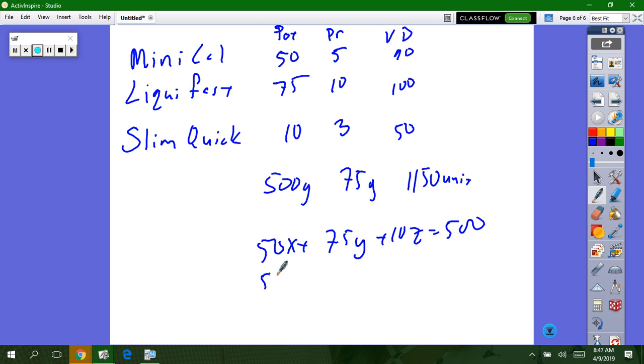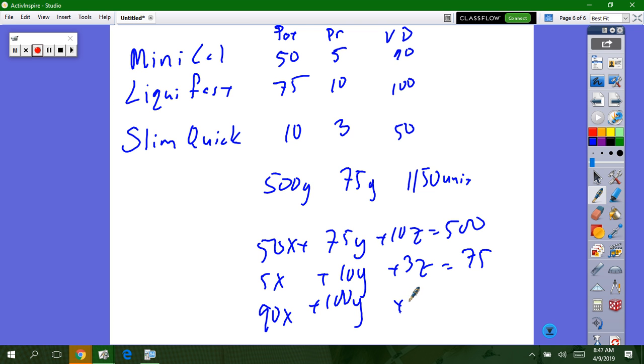Then I'd have 5x plus 10y plus 3z equals 75. 90x plus 100y plus 50z equals 1100. So it's just already set.